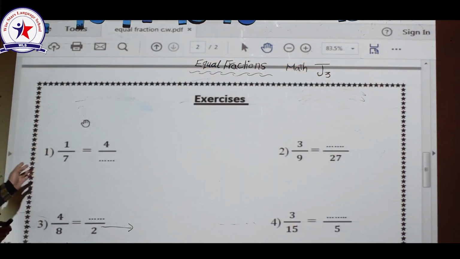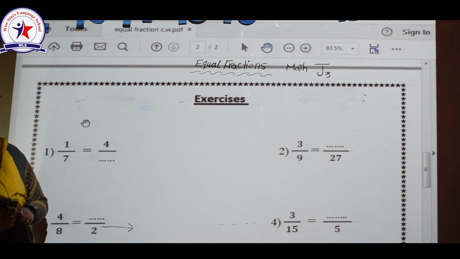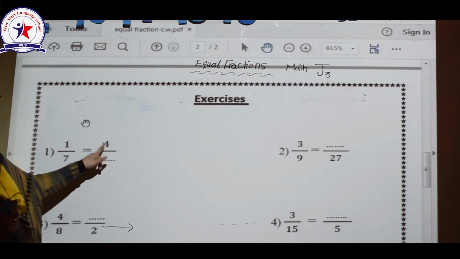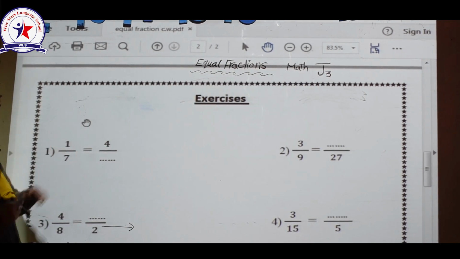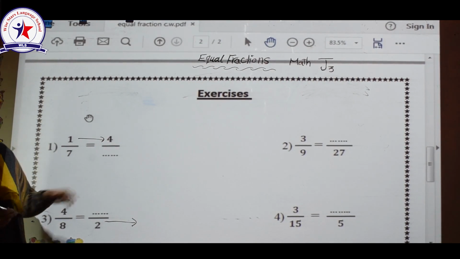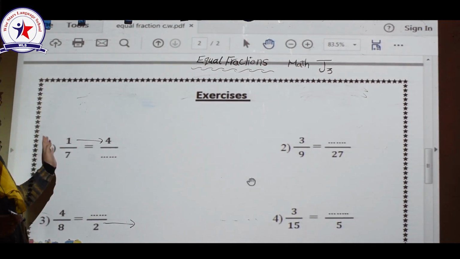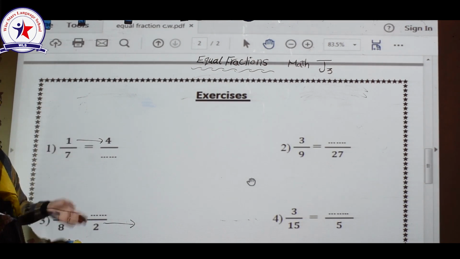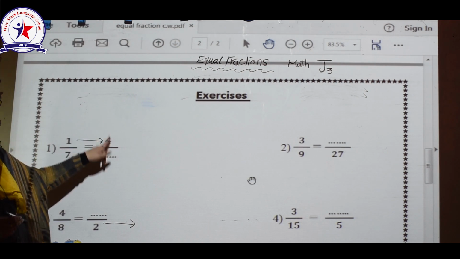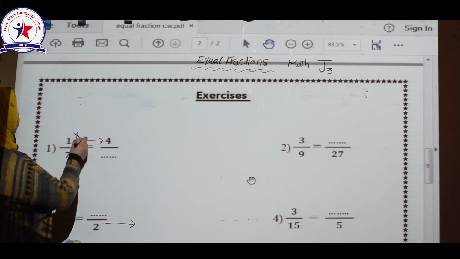Now I have some examples. The first one, 1 over 7 equals 4 over what? I have 2 steps. The first step is draw an arrow between the 2 numbers opposite, like 1 and 4. The second, does this arrow go from the smallest to the greatest or from the greatest to the smallest? 1 is the smallest, so it goes from the smallest to the greatest, put times.